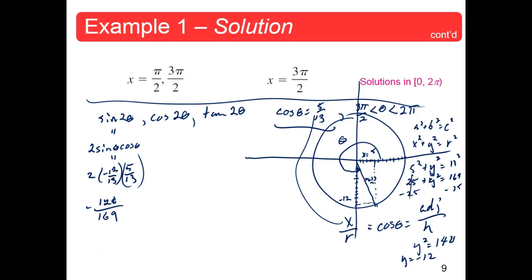Or you could do it this way. This would be minus 60 over 169. Twice that is minus 120 over 169. Either way you want. I just find it easier to make 2 times 5 is 10 times negative 12 is negative 120.